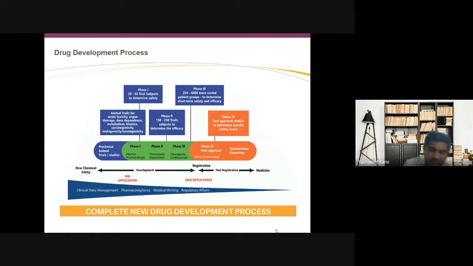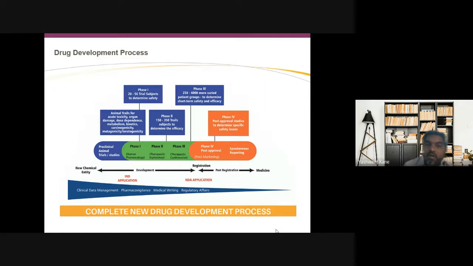Once the preclinical and animal trials are done, we do phase 1, wherein we perform the clinical trial on a very small group of patients. In phase 1, we see the safety profile of the drug.